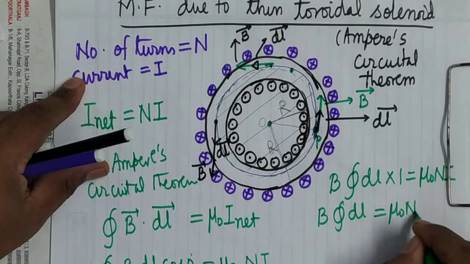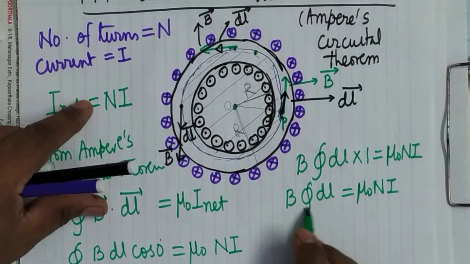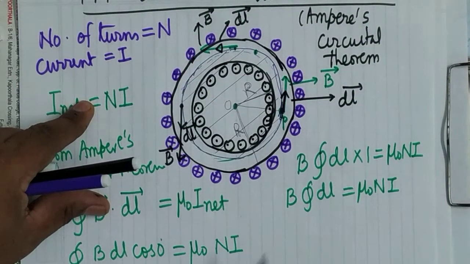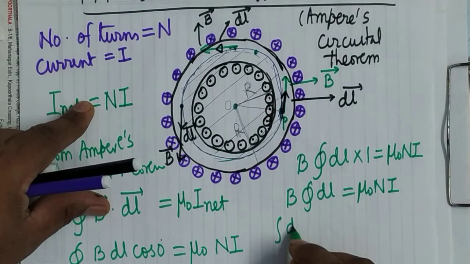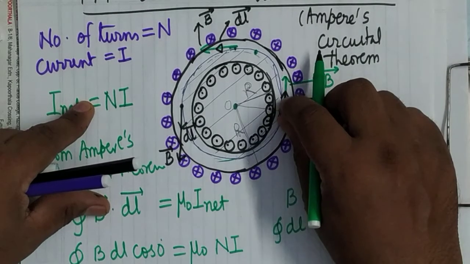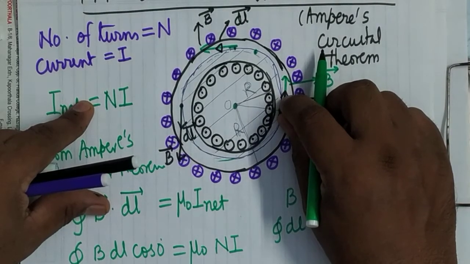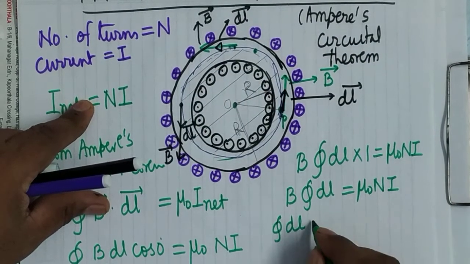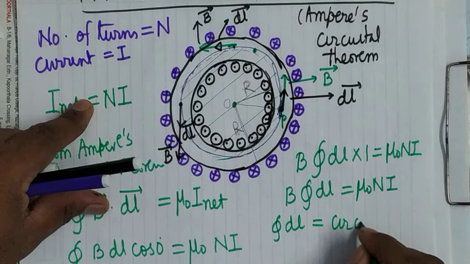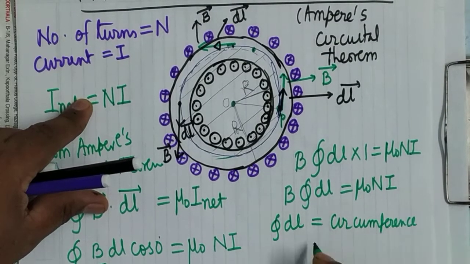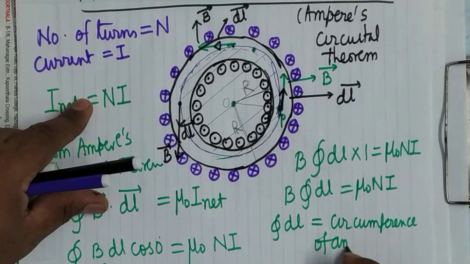Now this integration has been done over the Amperian loop. What does integration mean here? It is the sum of lengths of all the current segments over this Amperian loop, which means it will be equal to the circumference of the Amperian loop.